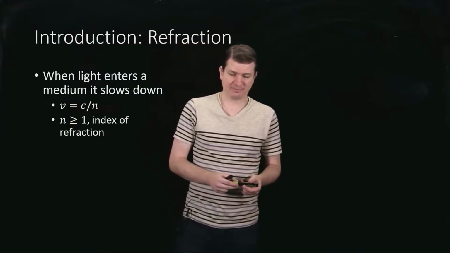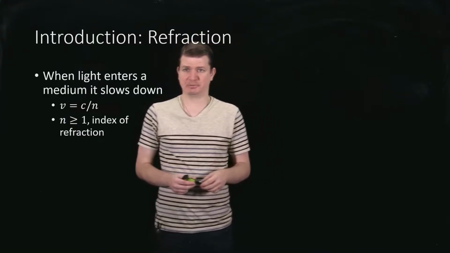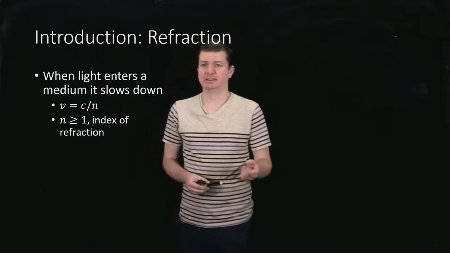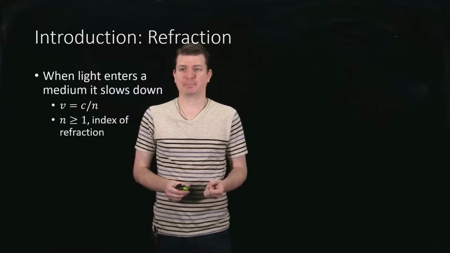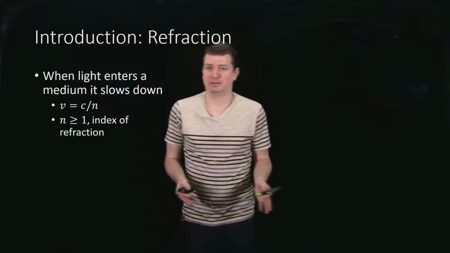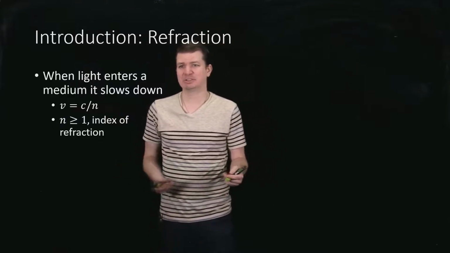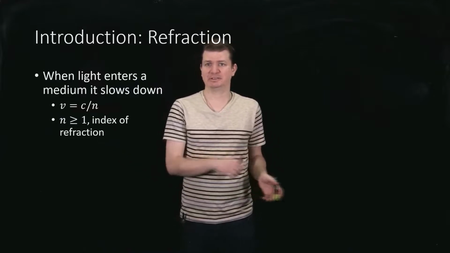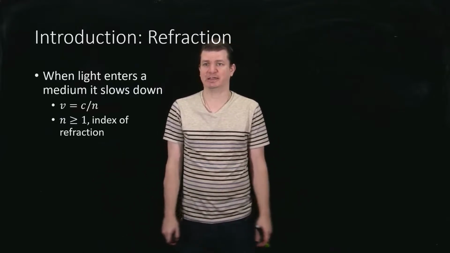The fundamental and important starting point when discussing refraction is that when light enters a medium, it actually slows down, by an amount dependent upon that medium. Conceptually, in the vacuum, light is moving nice and easily, unobstructed, unhindered by anything.